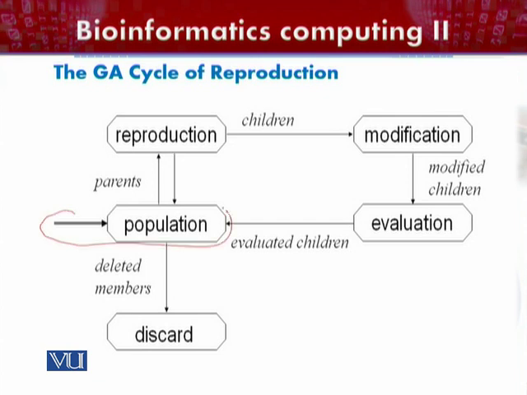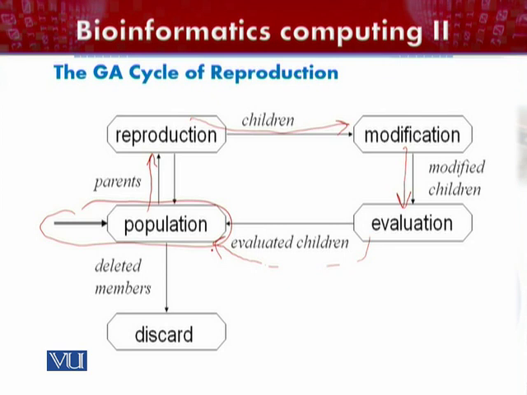Once we have the original population, which was initialized and selected randomly, it is allowed to reproduce and produce offspring, and these offspring are modified by applying the genetic operators of crossing over and mutation. Then all these offspring are evaluated on the basis of some preset selection criteria or fitness function, and after evaluation, the fitter individuals will make the second round of the population, and some individuals will be selected for the next round.